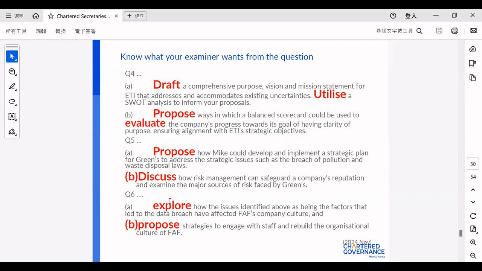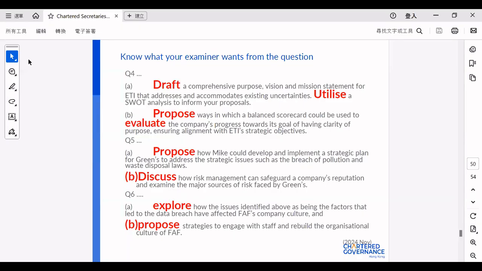And then you use this SWOT analysis to support your proposal and connect internal or external factors to your missions. So that is to say your mission and vision have to be related to the SWOT analysis. I mean, you have to use your SWOT analysis to support your proposal.